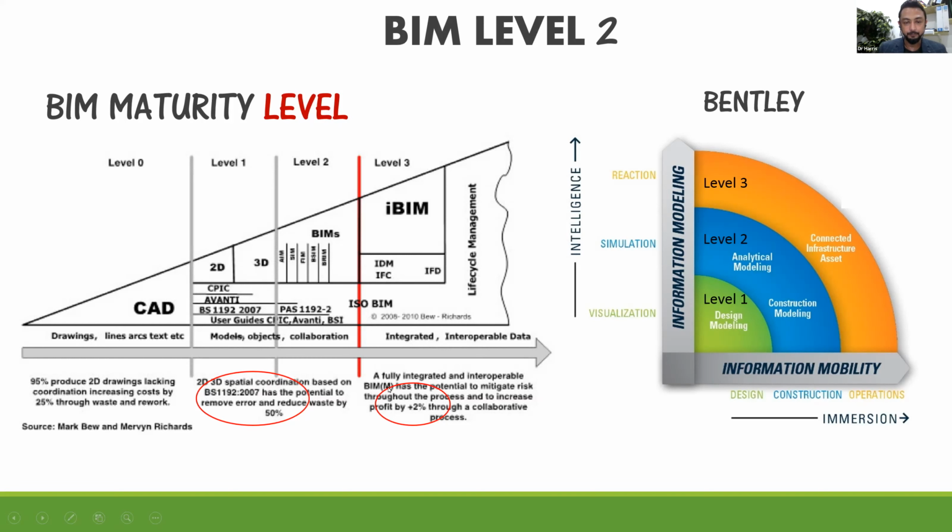And you can see here, in this model, also you said fully integrate into BIM has a potential to mitigate risk throughout the process and to increase profit by 2%. What is said here is not by using 3D model you get the profit, increase the profit by 2%. It's when you integrate and having all these document correctly. You use the standard correctly, then you get the benefit.